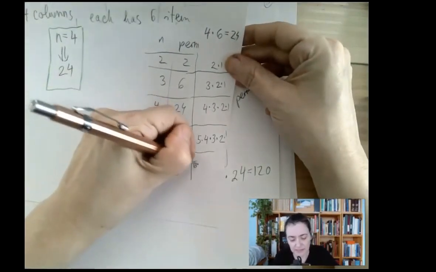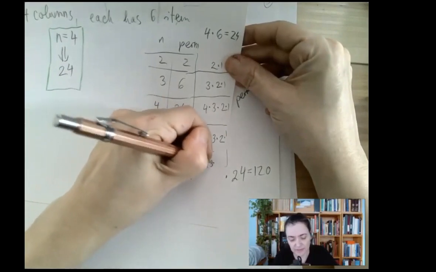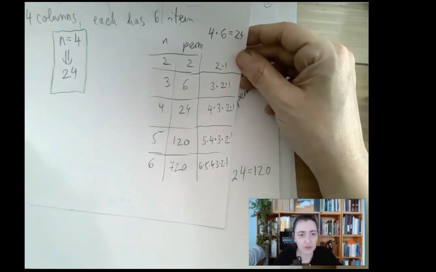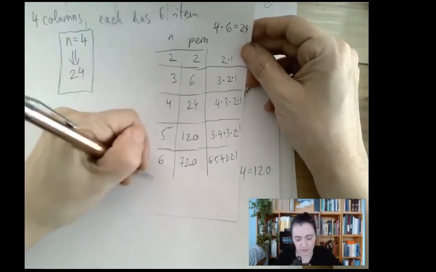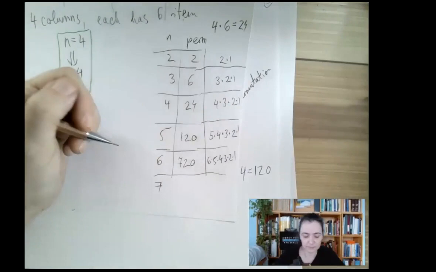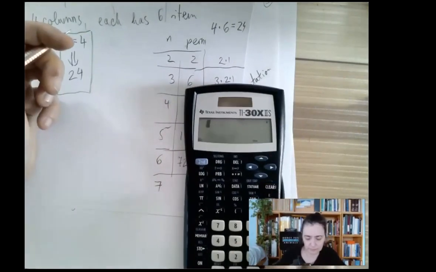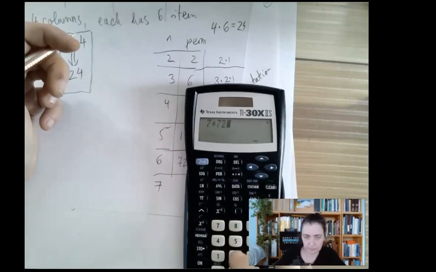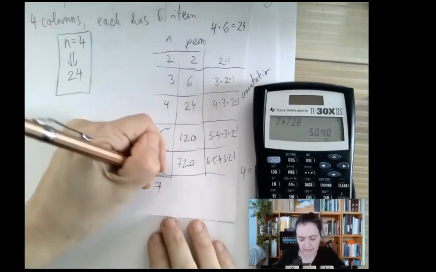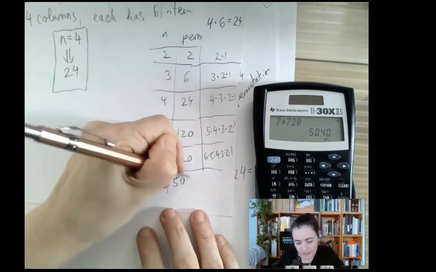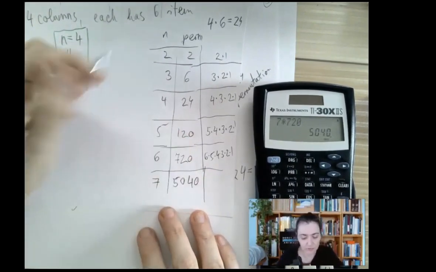And this would be 6 times 5 times 4 times 3 times 2 times 1. And so on. So the next one is going to be 7 times this previous one. It gets pretty big pretty quickly. 5,040. That's a lot of rearranging groups.